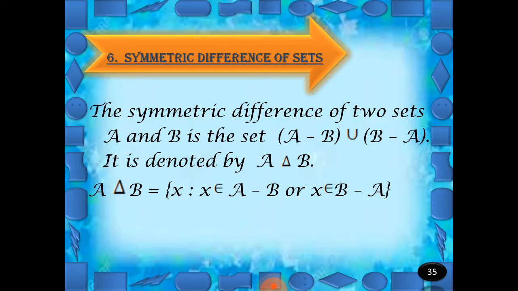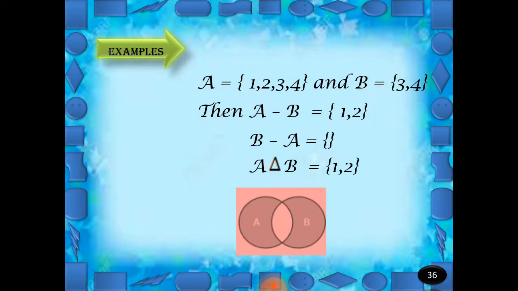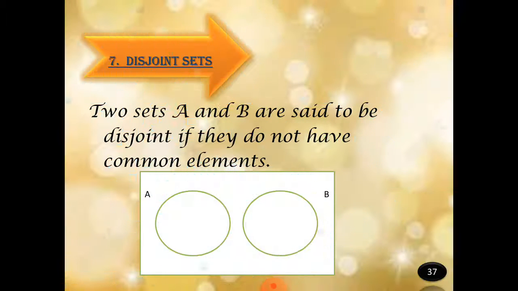Symmetric difference is nothing but A delta B. The formula for that is A difference B union B difference A. Here I have given an example. A is equal to {1, 2, 3, 4} and B is equal to {3, 4}. First we are finding A difference B, then we are finding B difference A, then we are taking the union of both the terms.